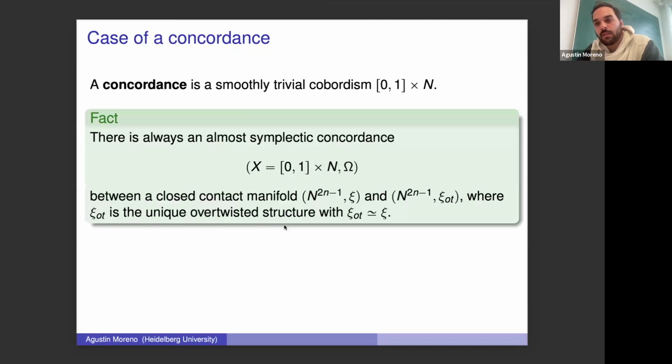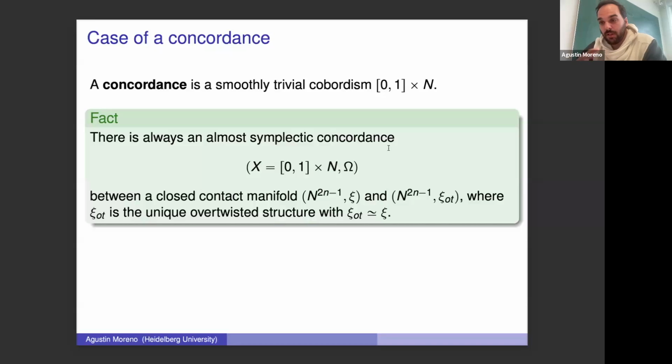And there's a nice fact, which follows directly from the BEM h-principle. If I take any contact manifold and look at the overtwisted representative, the unique overtwisted contact structure which is homotopic to it, I can always find an almost symplectic cobordism between them, which is also a concordance, so it's just a product.